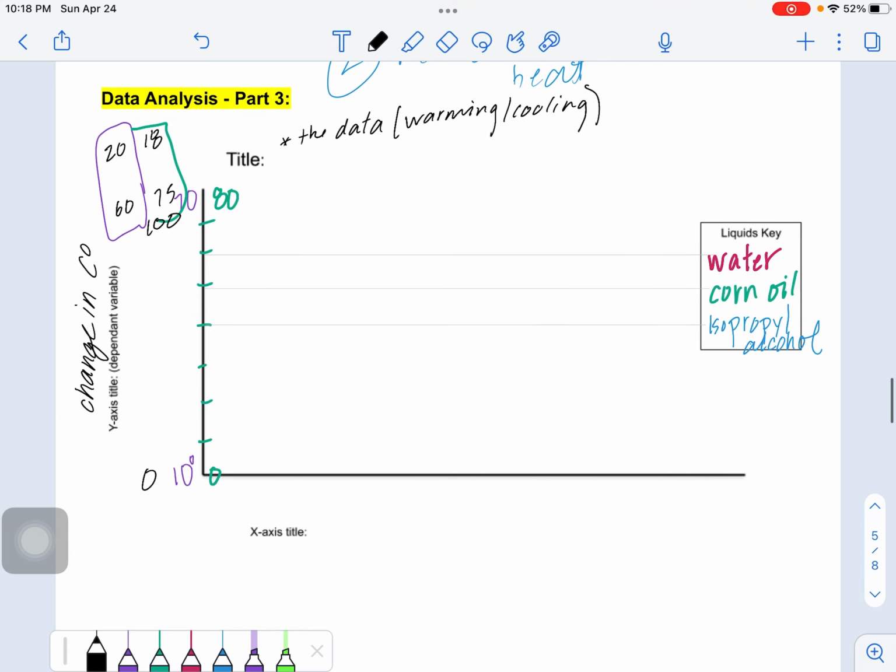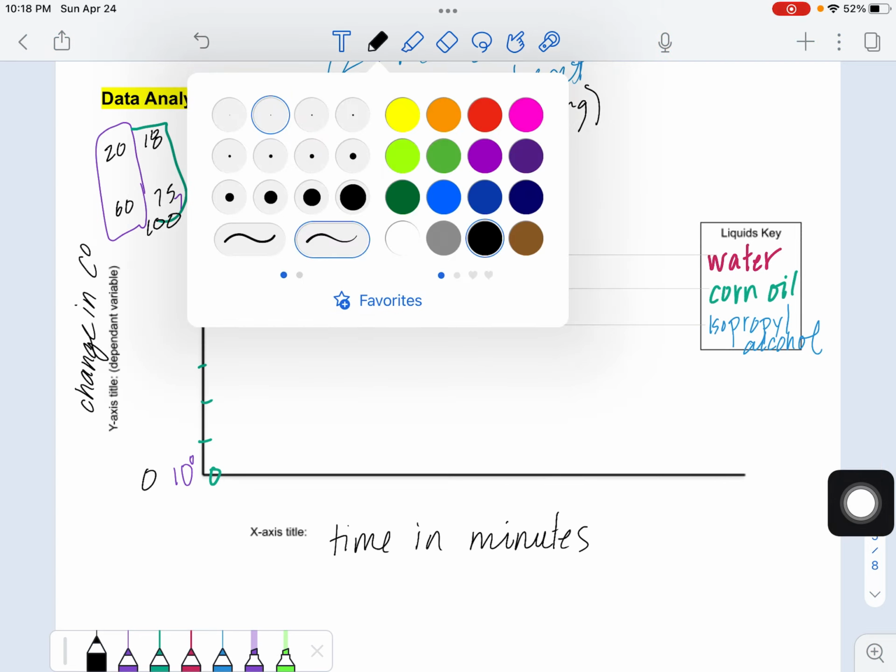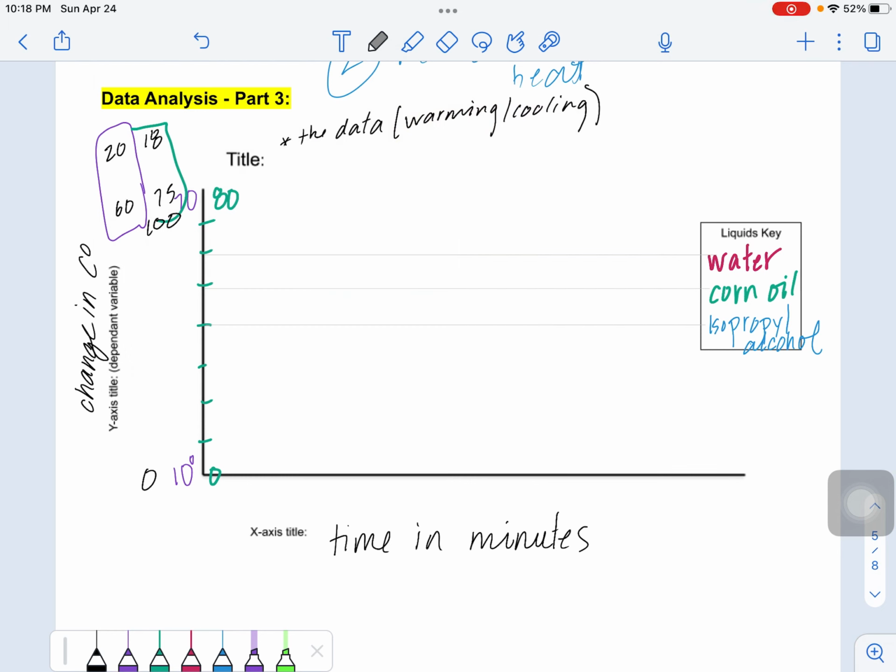Down here, our x-axis, this is going to be our time in minutes. So we did 10 minutes on our first graph here of heating. So again, you've got that tool where you can put in your scale.